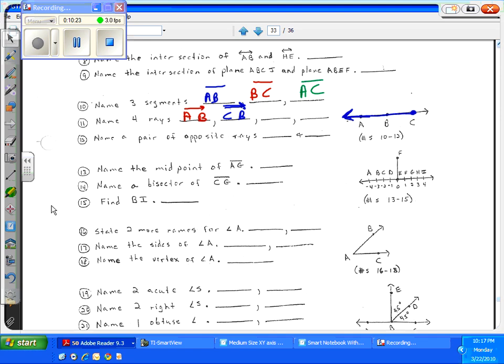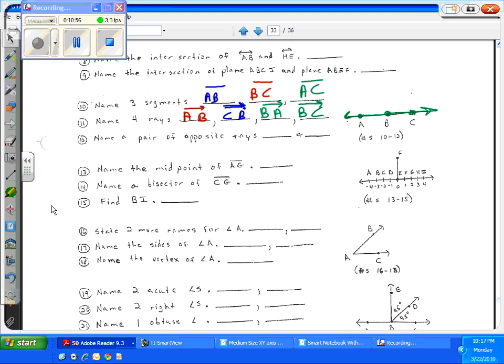So that got the ray starting from A going to the right and the ray starting from C going to the left. We could have a ray starting at B, and there's two rays that start at B. One goes to the right and one goes to the left. So we have ray BA going to the left and ray BC going to the right. Ray BA and ray BC are called opposite rays, and they form a straight line.